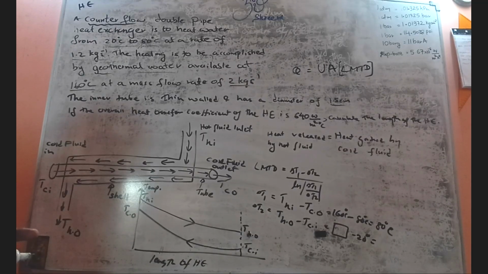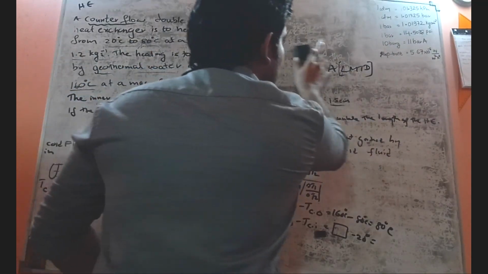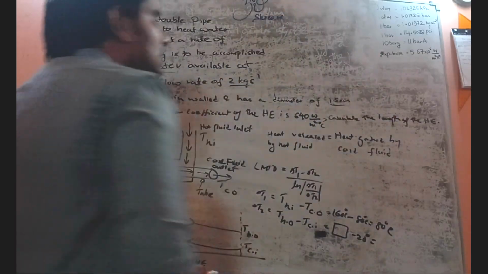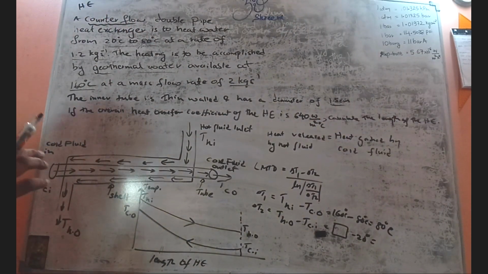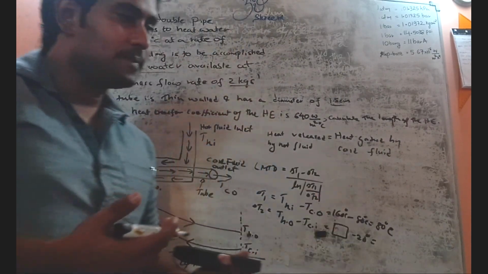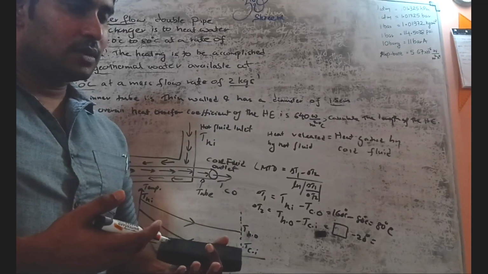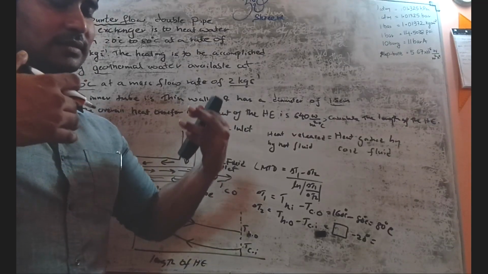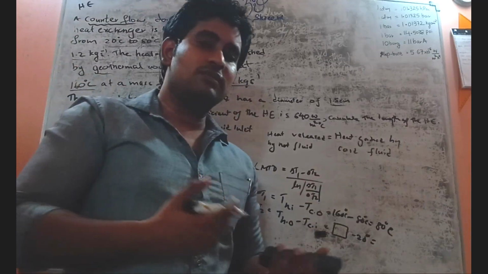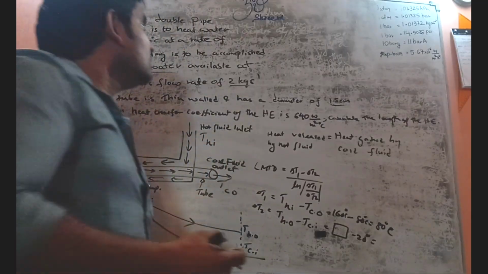Alright. So I will use the space above here, just erase that. So now we know the total heat that is released by the hot fluid equals the heat gained by the cold fluid, right?